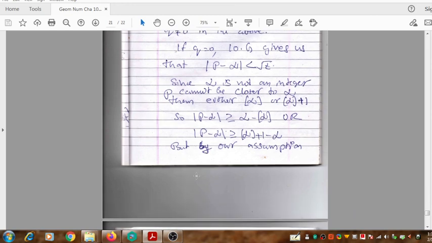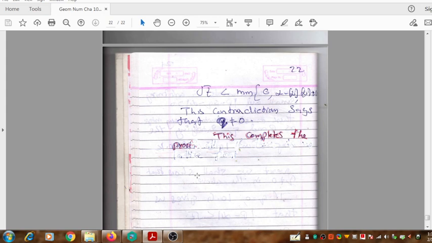But by our assumption, root t is less than the minimum of epsilon, alpha minus floor of alpha, and floor of alpha plus 1 minus alpha.